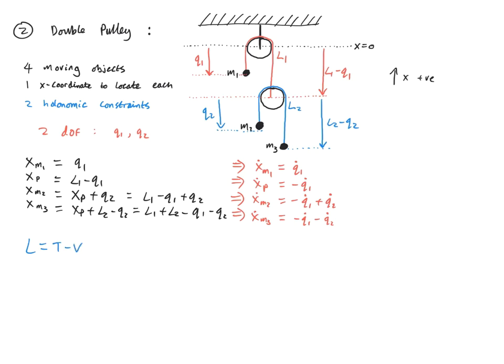Let's look at the kinetic energy first. It's a half mv squared for each of the three particles which have mass. Let me write that as the sum over particles i from 1 to 3 of a half mi into xi dot squared.